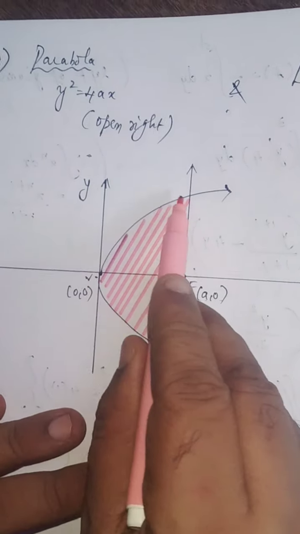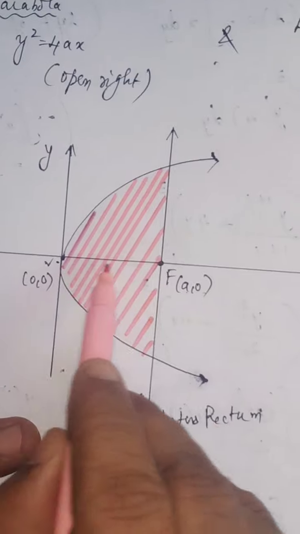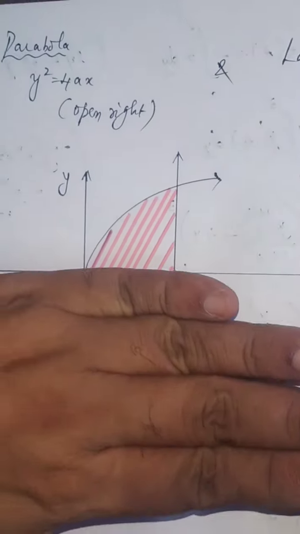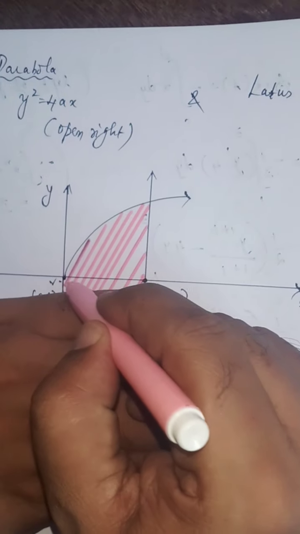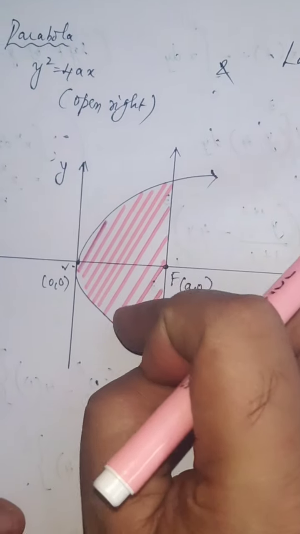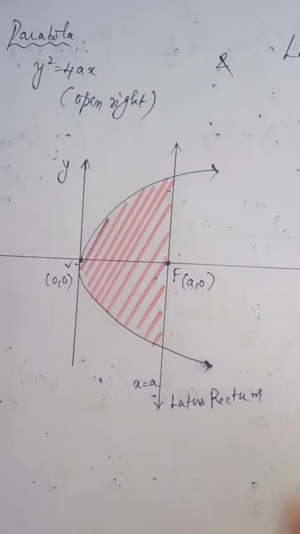Particularly, the area in the first quadrant and the area in the fourth quadrant are the same. So I am going to find the area of the region in the first quadrant. After that we can multiply it by 2, because the same area lies in which quadrant? Fourth quadrant.